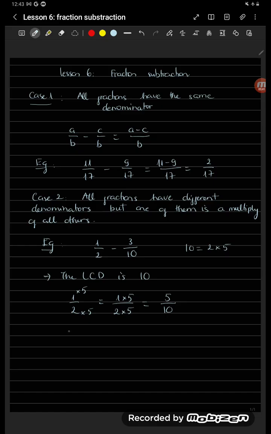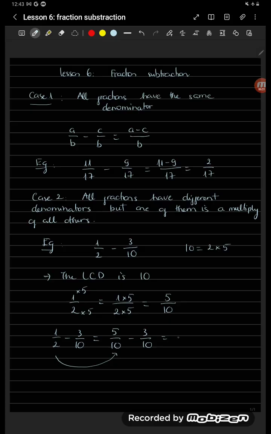So 1 over 2 subtract 3 over 10 equals 5 over 10 subtract 3 over 10, and 5 over 10 comes from 1 over 2, because we are trying to make them the same denominator.